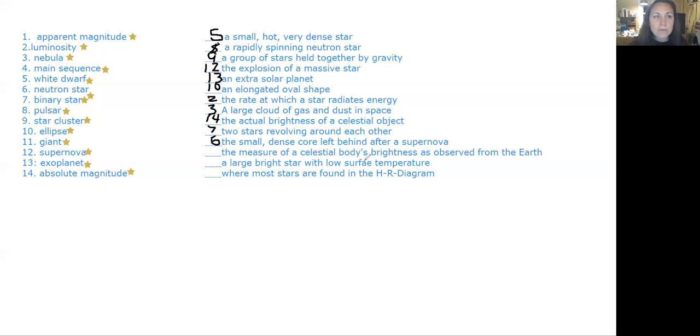And so this term is called an apparent magnitude, and that is number 1. So you can put a number 1 right above that telescope next to the definition. The apparent magnitude. If you say apparently, that would mean this is what I've heard, or this is what I assume based off the information I have, but it's not necessarily fact.